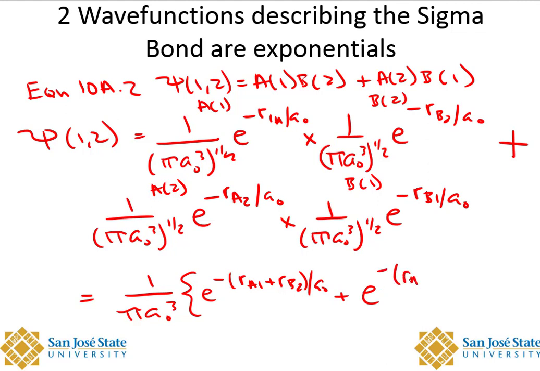R A2 plus R B1 divided by a naught, and all has been taken care of. And you'll notice that, well, that's an exponentially decaying function going to the left, going to the right, from dead center where we would have our nuclei, and so this is our position R, and that would be where we should find our wave function.